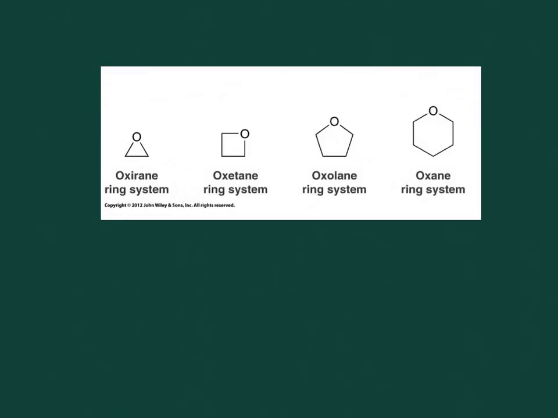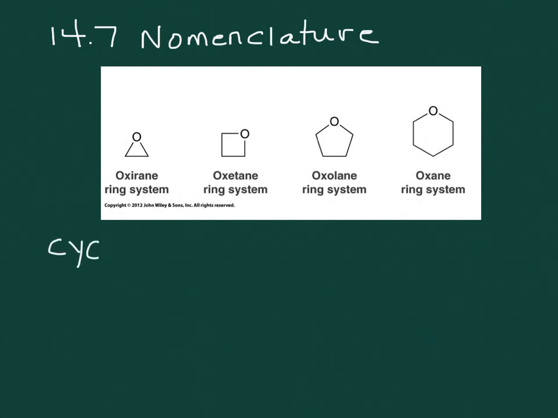So now we're going to look at epoxides, and we're going to start with section 14.7, which is nomenclature. When you have a cyclic ether, it's when you have a ring that contains an oxygen atom.